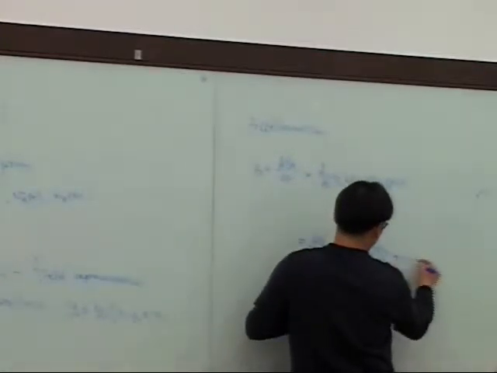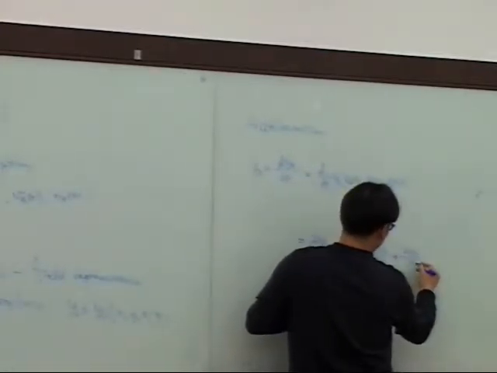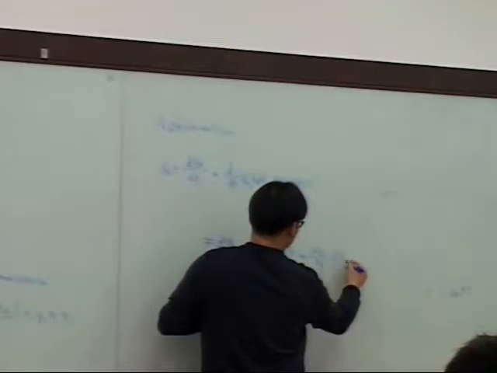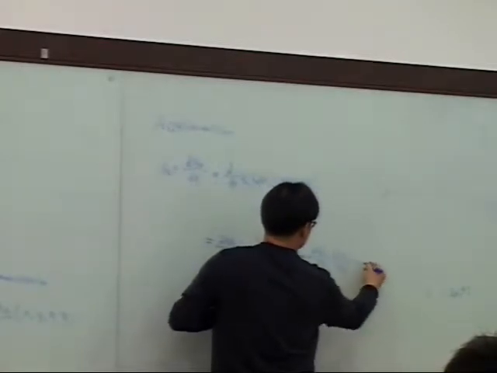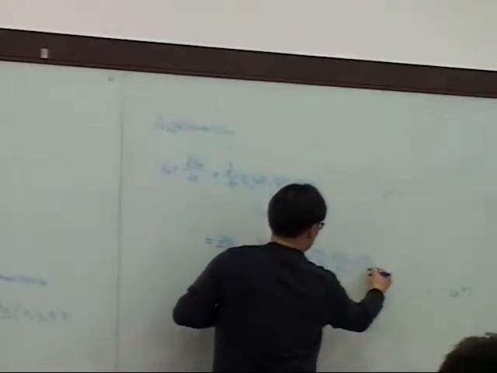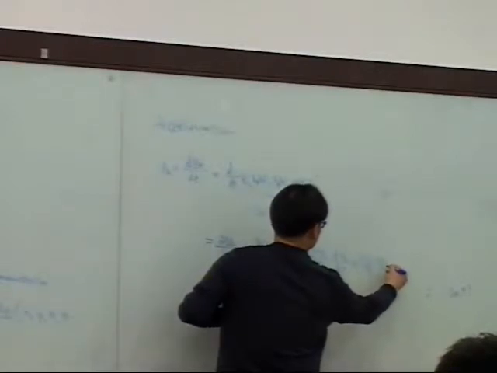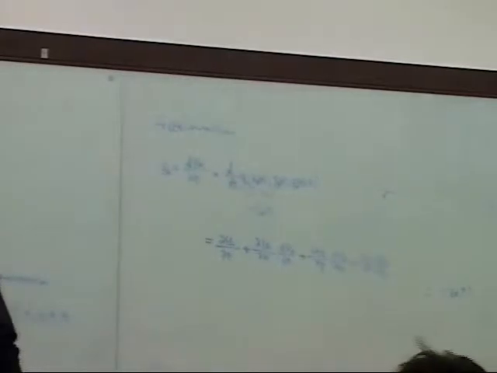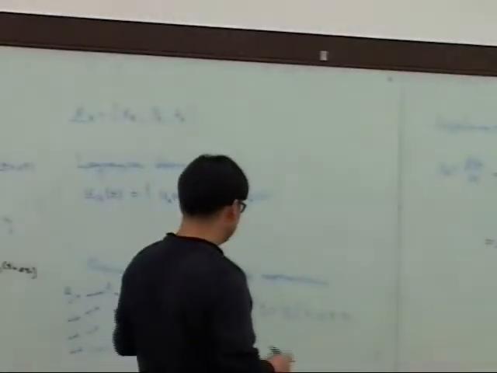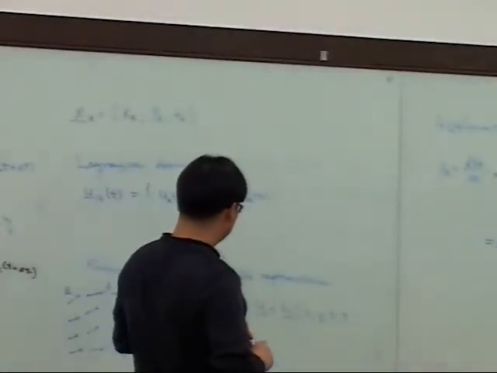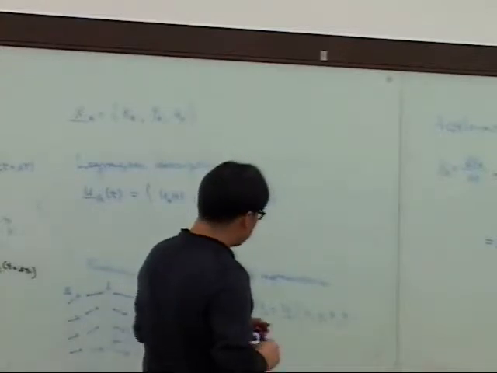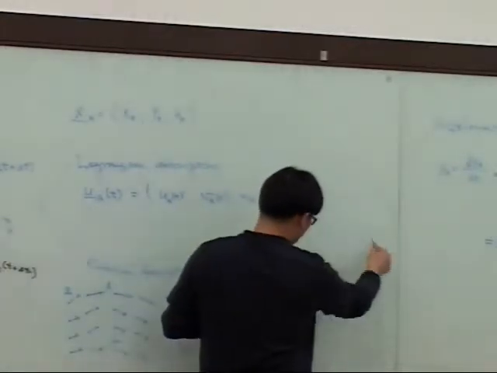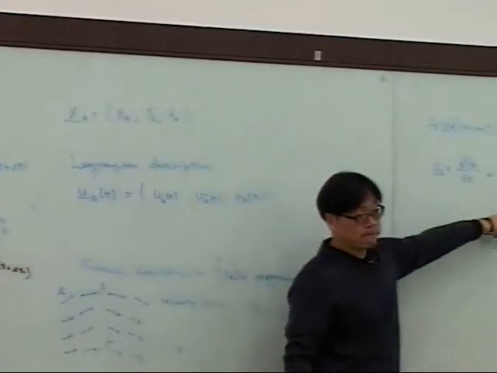And then I have du/dy and dyA/dt plus du/dz dzA/dt. So the connection between these two velocities is given here.